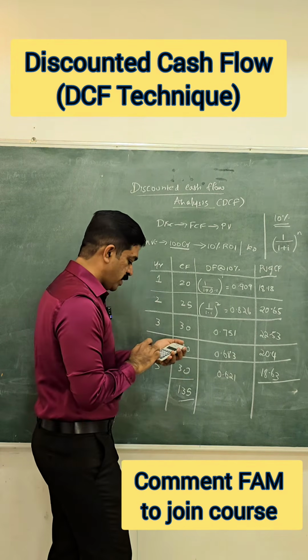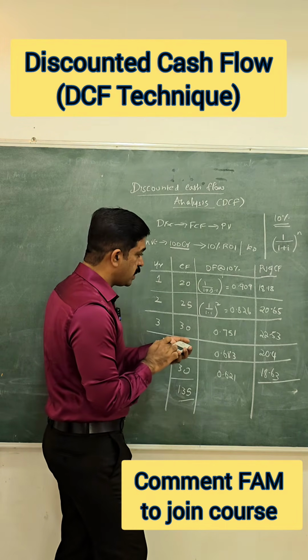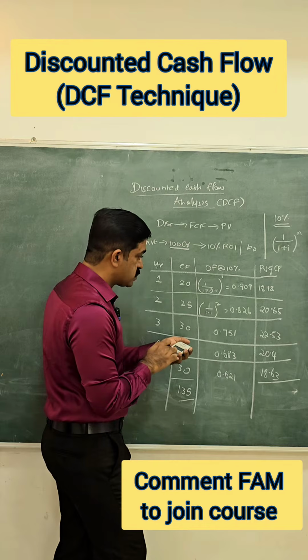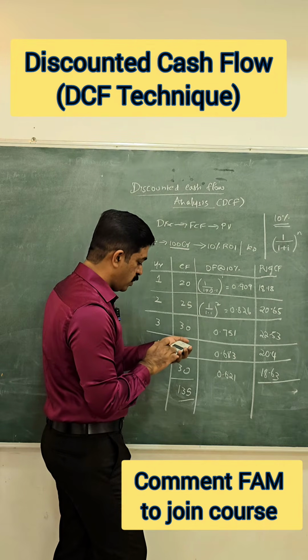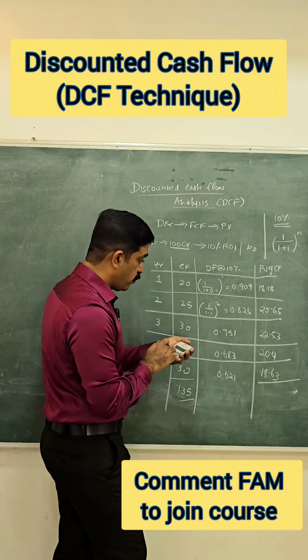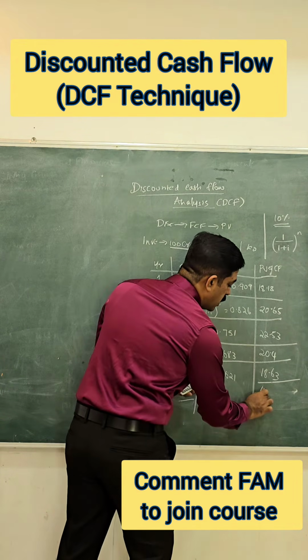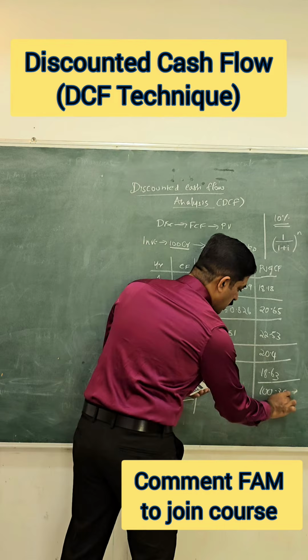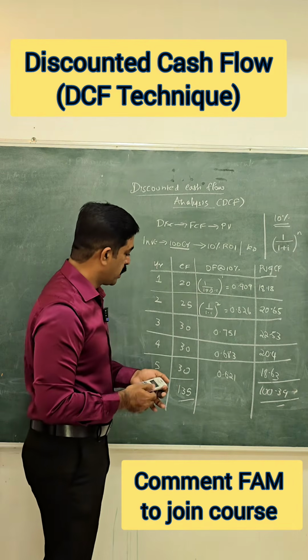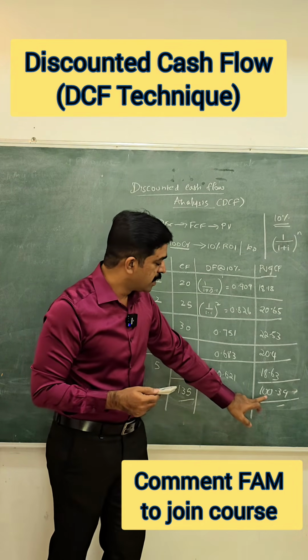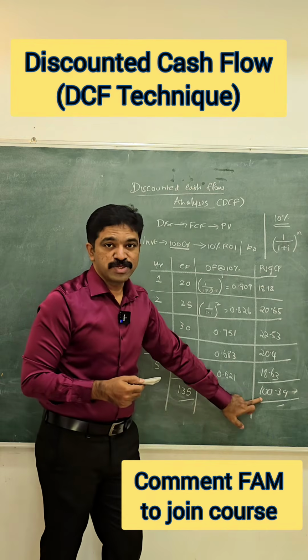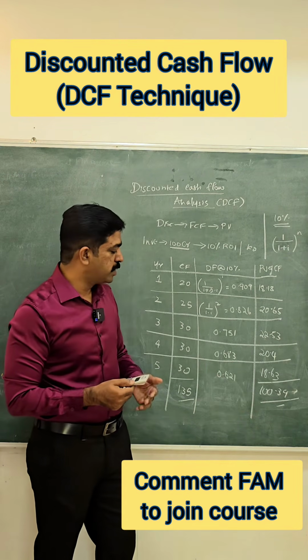That is 18.18 plus 20.65 plus 22.53 plus 20.4 plus 18.63, and it is 100.39. And look, the present value of cash inflows is 100.39.